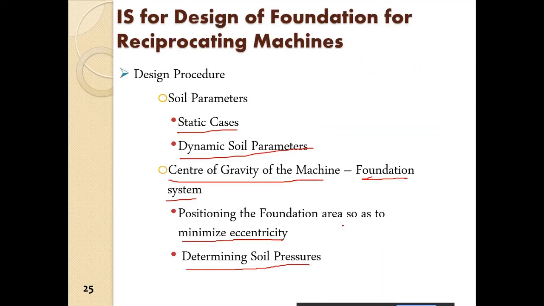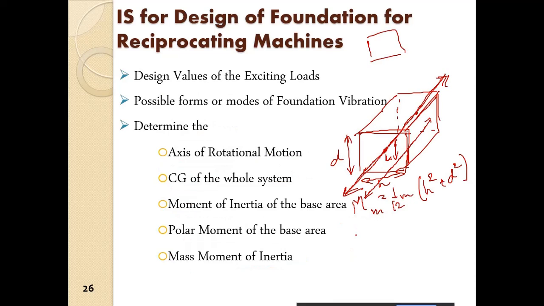Okay, so that we can define easily as M_θ = M_0 − m l². So we can find out the mass moment of inertia about the two axes, then the polar moment of the base axis.